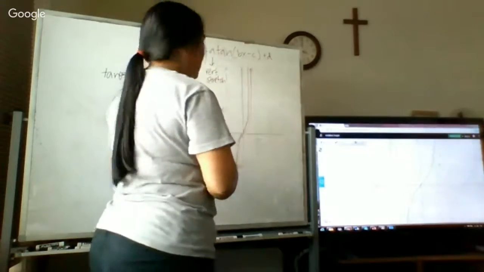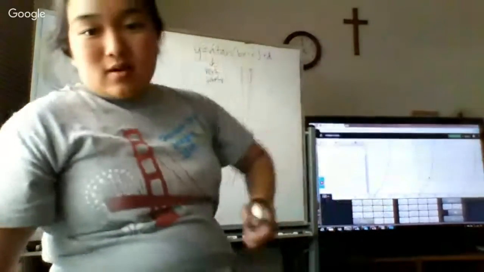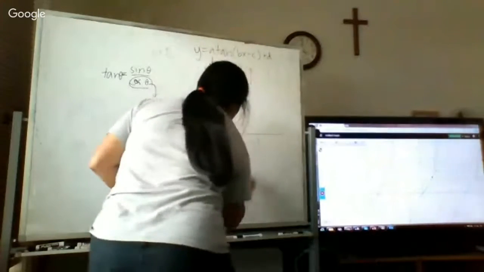Make sense? And one point that people tend to watch out for is pi over 4, 1. Okay, so in tangent, let's just draw the parent function right here.